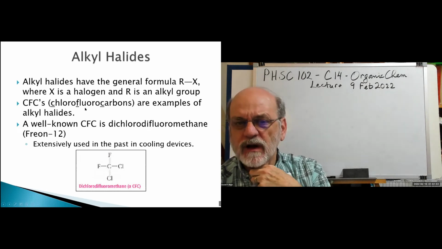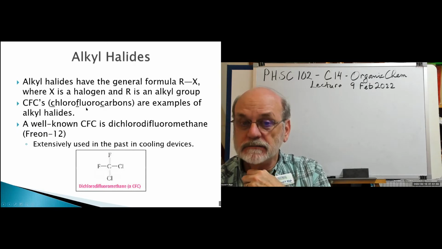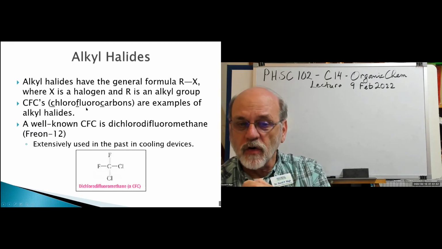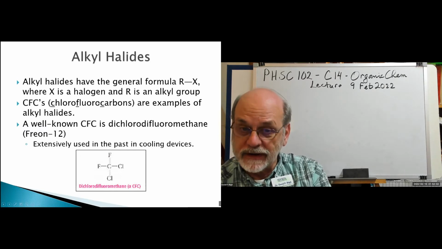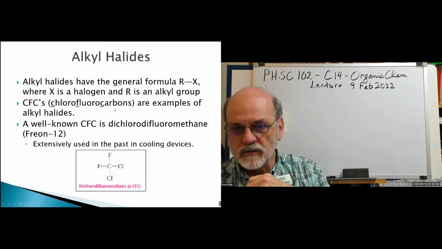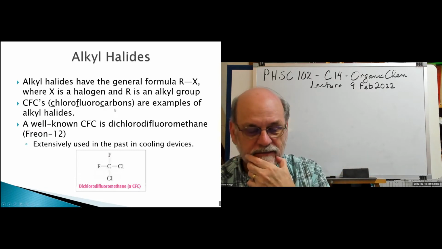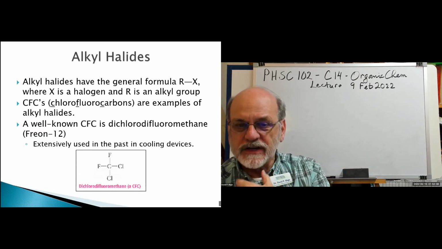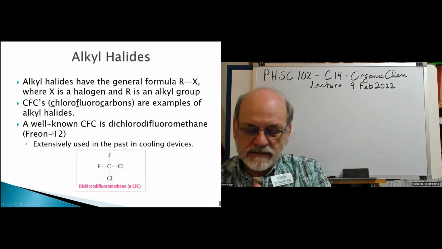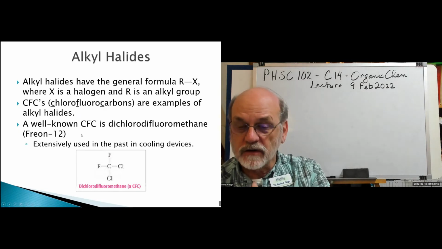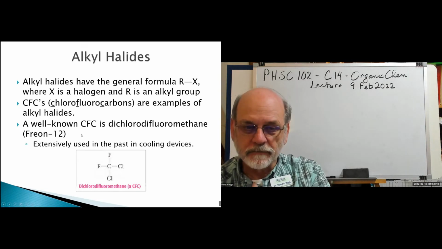Perfect example of an alkyl halide is Freon, right? The chlorofluorocarbons. They have chlorine in them and they have fluorine in them and carbon, and whatever is left over is hydrogen. This particular example is dichloro-difluoromethane, and it's designated Freon 12, Freon 1,2.